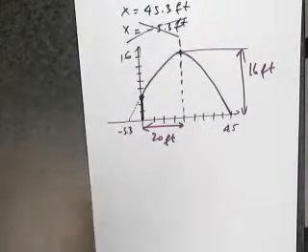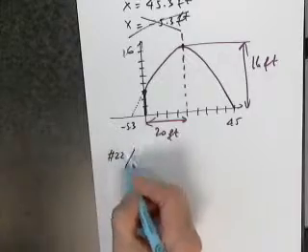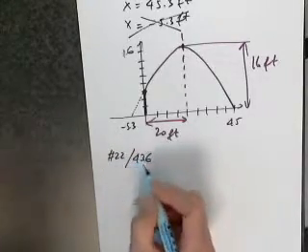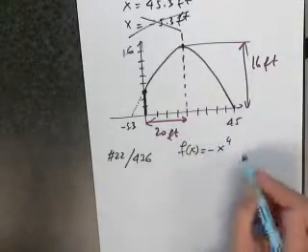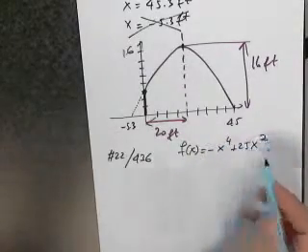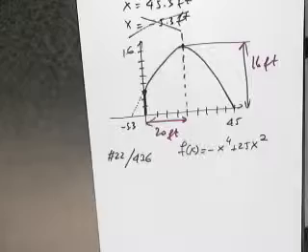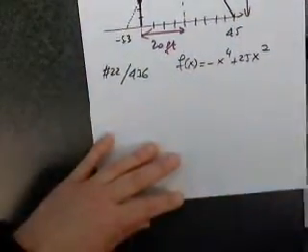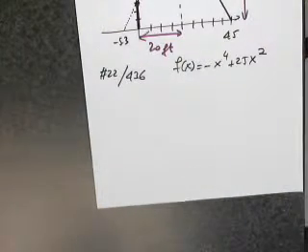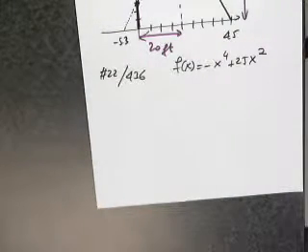Okay, problem 22 then, on page 436. So I have f of x equals negative x to the 4th plus 25x squared. We're asked to graph the whole thing. Oh, I forgot, we also had 3-3, the long division and the synthetic division.